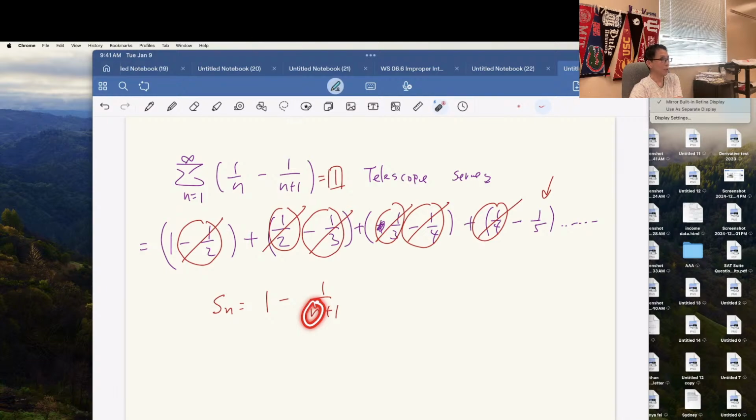Each term is getting smaller and smaller, so eventually it becomes negligible. The only answer left is 1. That's the only term left. Does that make sense? That's called a telescoping series.